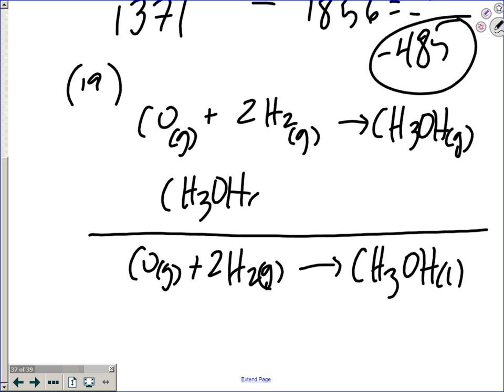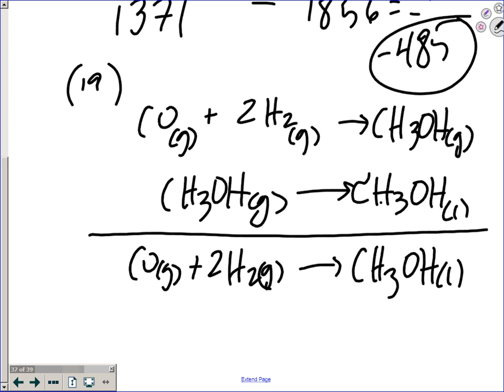Gas to liquid, right? So we're using the vaporization from liquid to gas or condensation from gas to liquid in collaboration with this to finalize this equation. So we're solving to make that liquid instead of the gas.